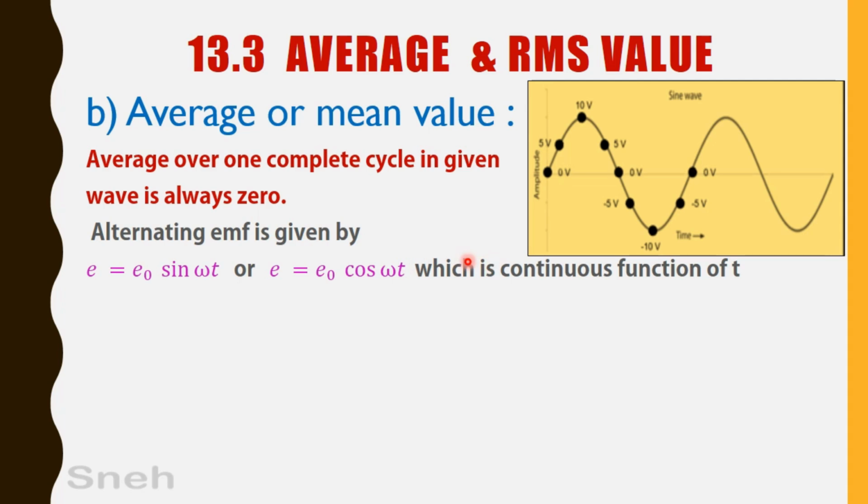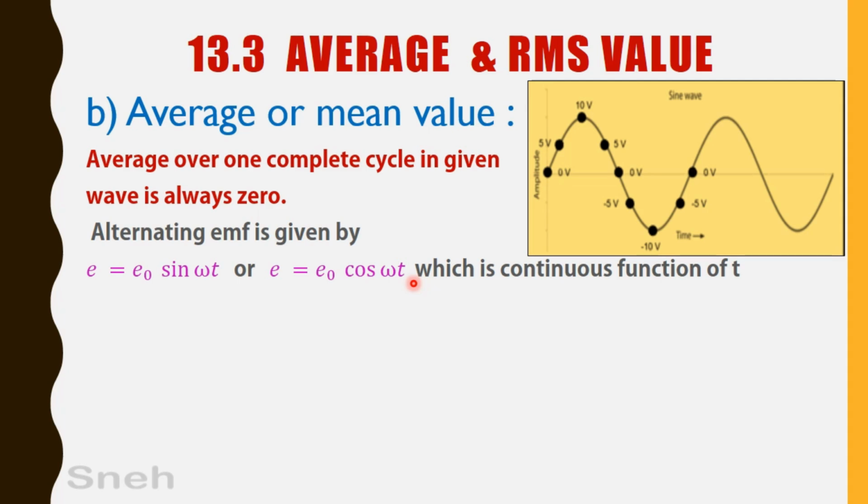Similarly, I know that alternating current I is also represented as I is equal to I0 sin omega t or I is equal to I0 cos omega t.